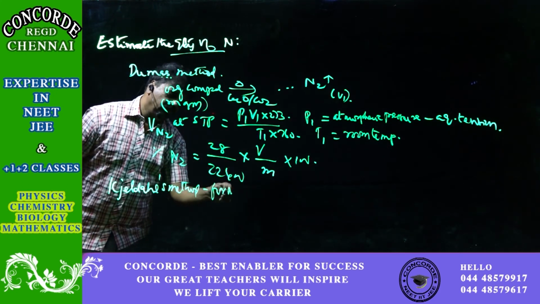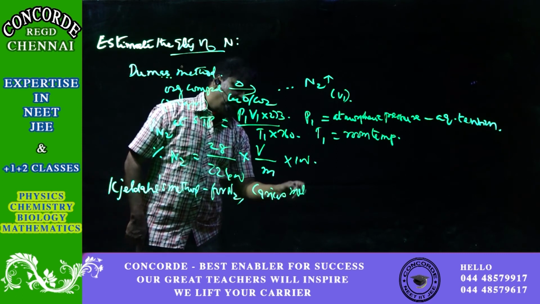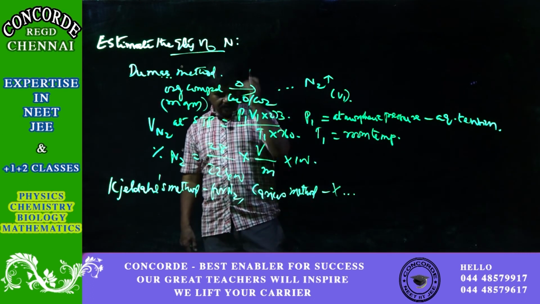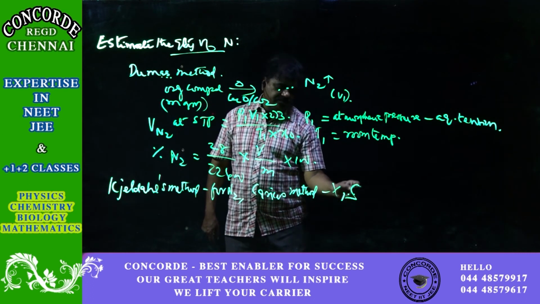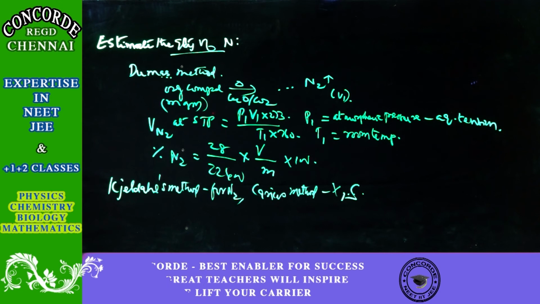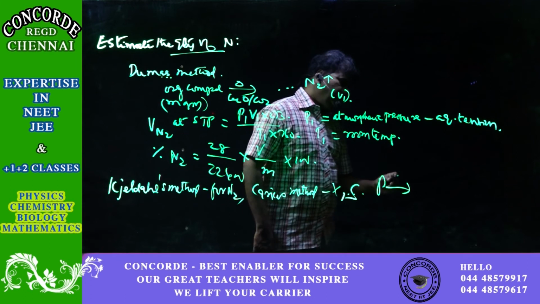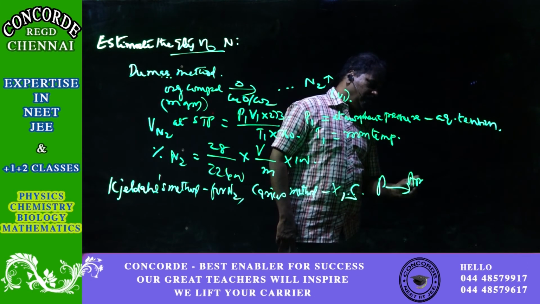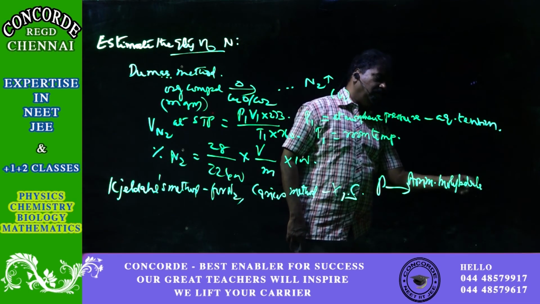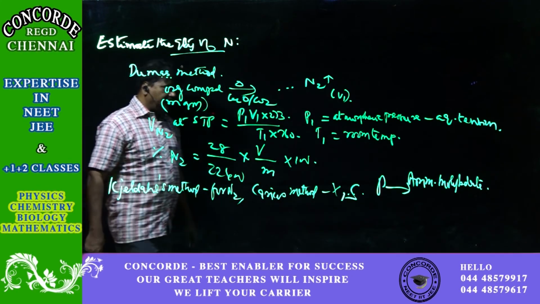We can use Carius method for halogens and sulfur, and phosphorus is estimated through ammonium molybdate, using the reactions which we have already seen.